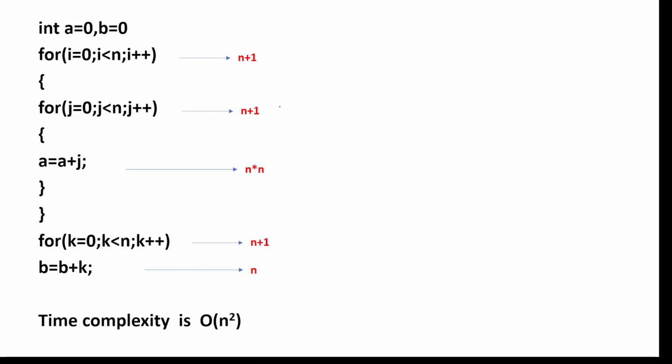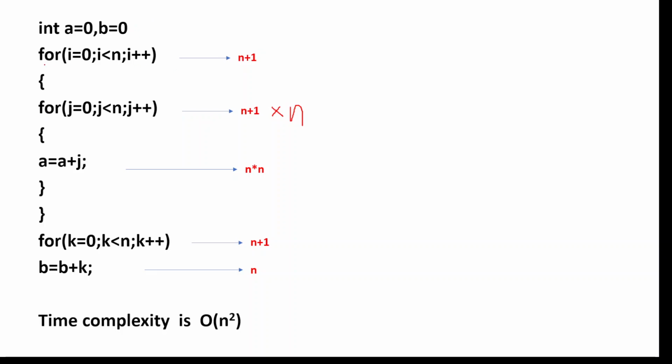This will get executed for n plus 1 into n times, because for each value of the outer for loop, the inner for loop is getting executed. For i equal to 0, i less than n, i plus plus, this statement will get executed n plus 1 times. So for each of n times, the inner for loop will get executed.